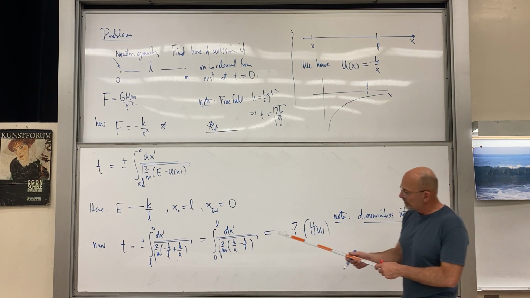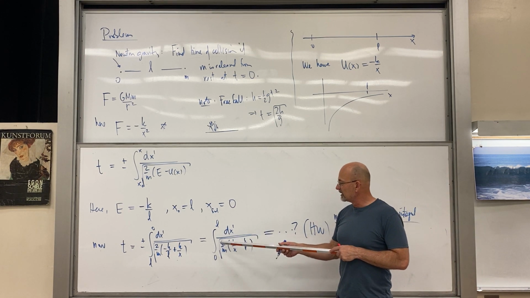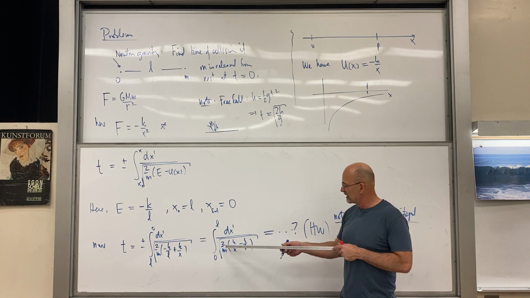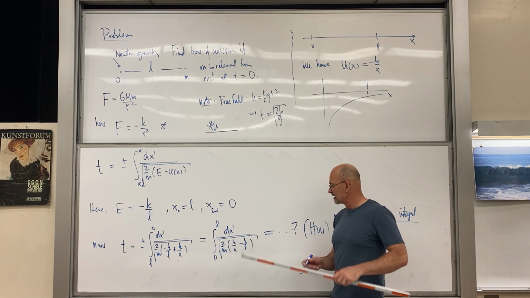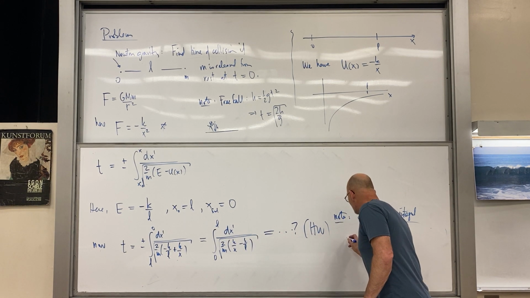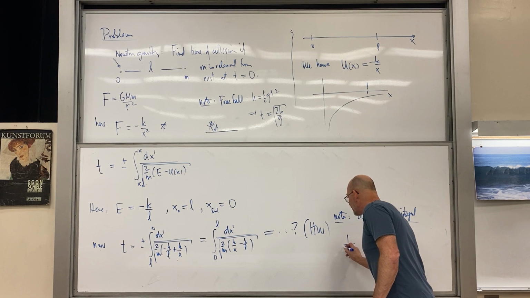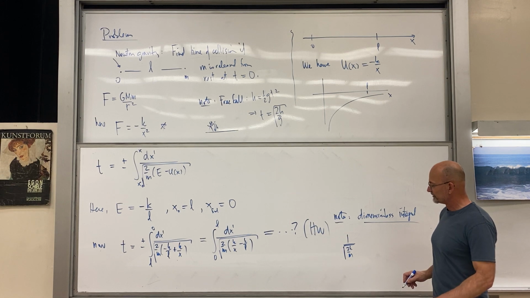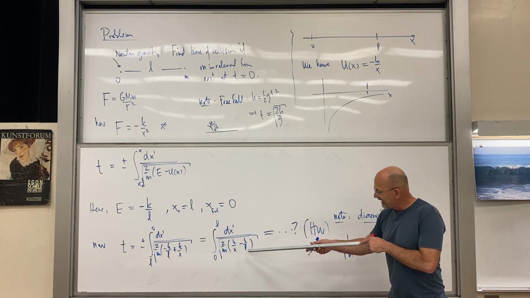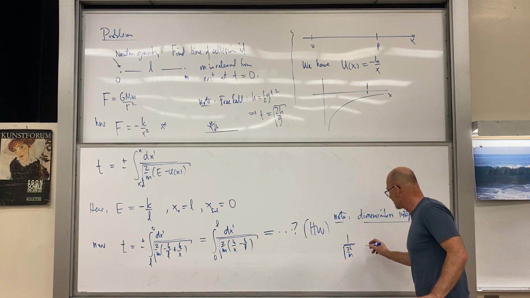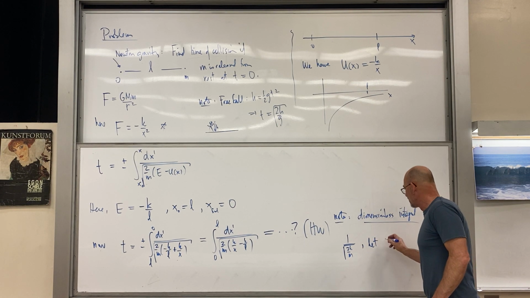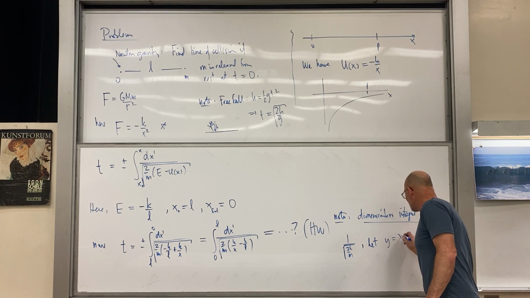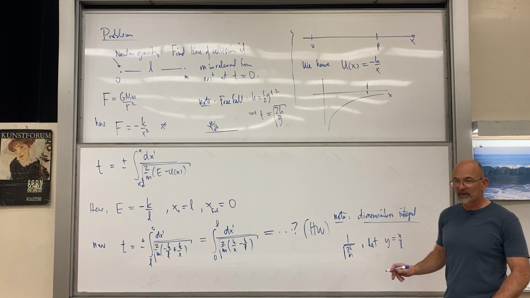And I'm just going to point out what you're going to do. You're immediately going to have that 1 over root 2 over m. You're also going to have a k. So you're going to have 1 over root 2k over m right from the get-go. Then when you get a dimensionless length, let your, say, y equal x over L, just the way I did y equals x over a.